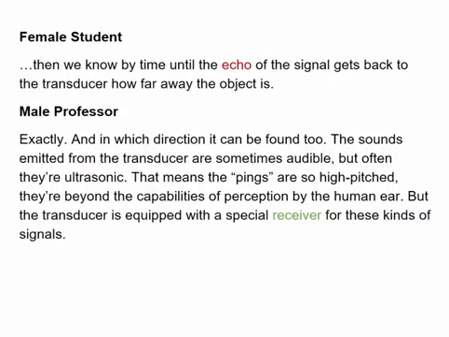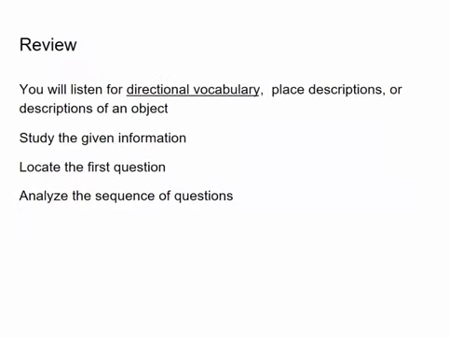So that's what we saw in the diagram, this object that is sort of attached to the bottom of the transducer that the arrow is pointing to for question number 2. That's where we get the answer we need to supply there, which is receiver, one of the answer choices in the box. Okay, so that's how to approach these plan, map, and diagram completion questions on the IELTS listening paper.